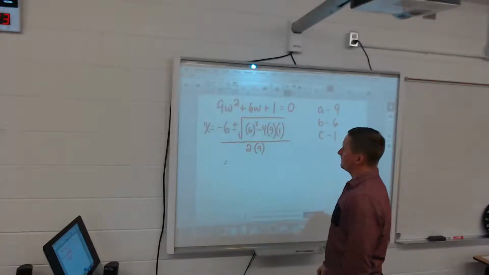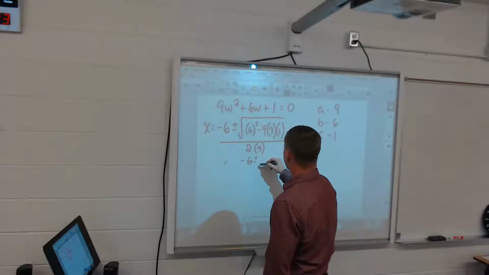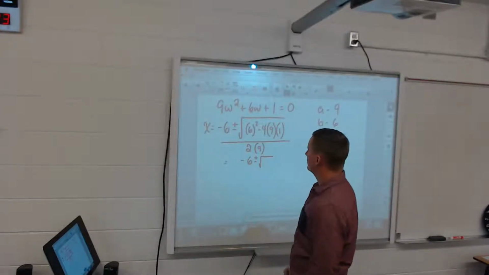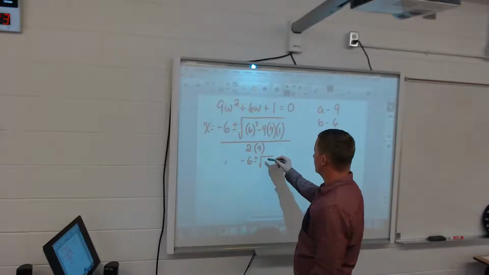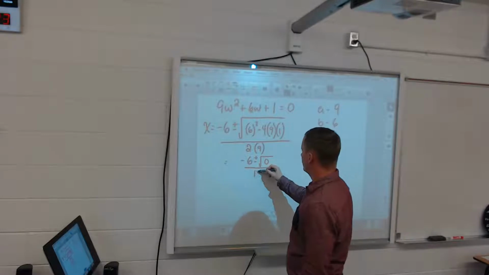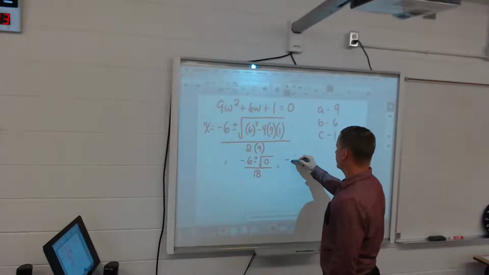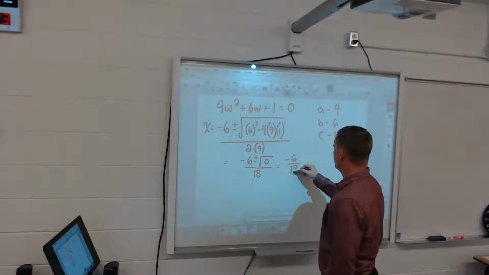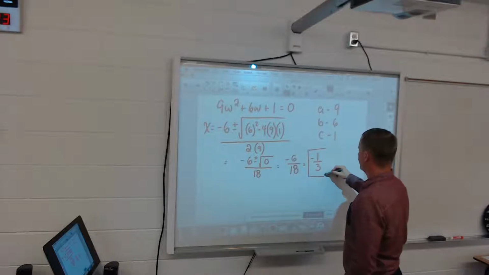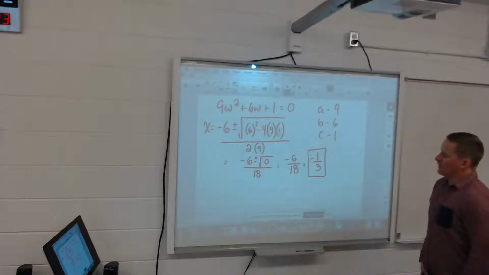So far, so good. -6 plus or minus the square root of, 6 squared is 36, minus 36 is 0, over 18. That gives me -6 over 18, which is -1/3. So I have one root.